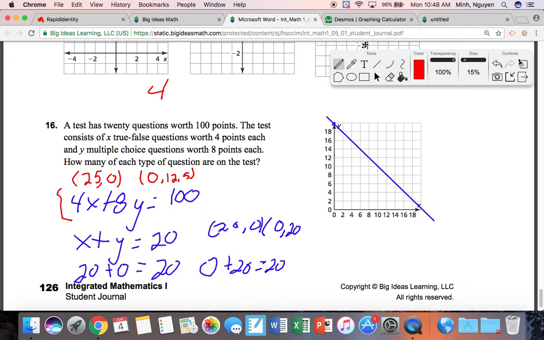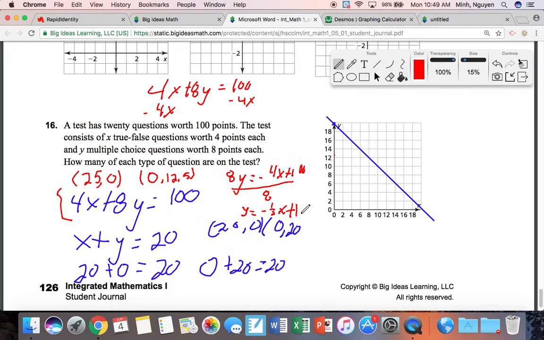Another way, okay, fine. Then we'll take another method. So this is good because it's me forcing myself to show you guys how to problem solve in multiple methods. So what I'm actually going to do is this. I'll subtract 4x. I'll say 8y equals negative 4x plus 100. I will divide by 8. I'll get y equals negative 1/2 x plus 12.5.